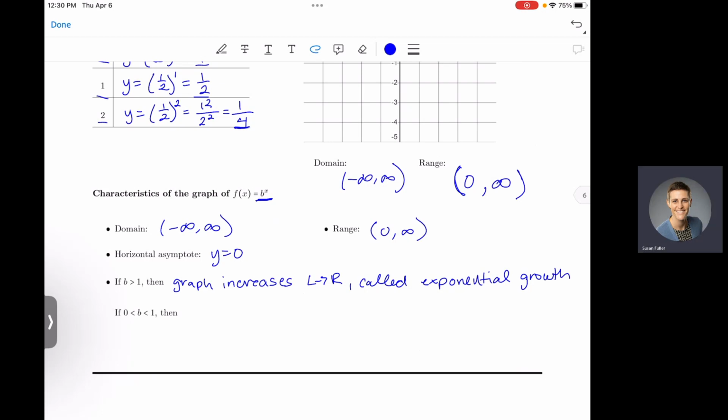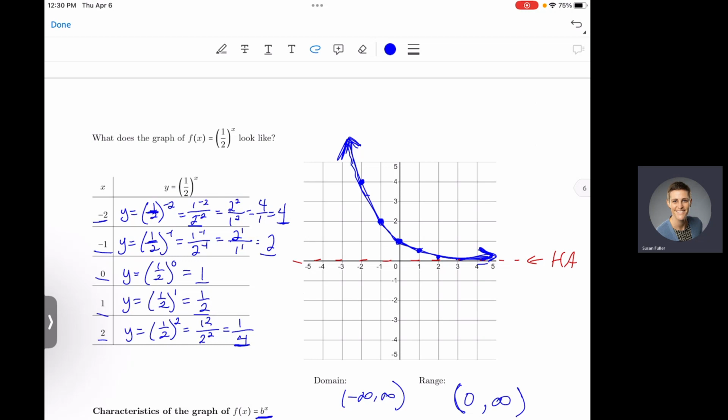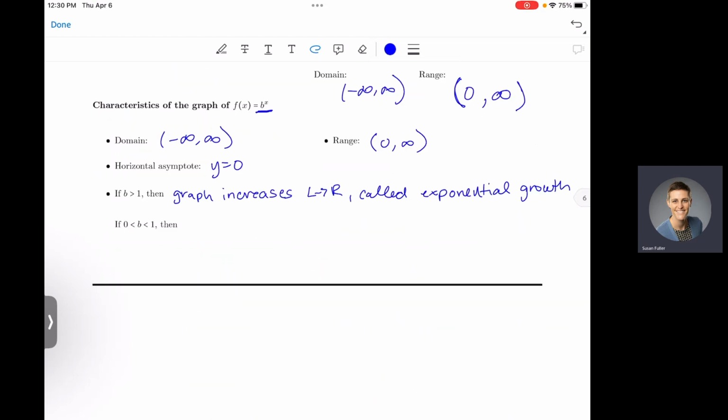If your b value is between 0 and 1, if it's a fraction, like we were down here, what's different about this one? Well, this one decreases from left to right. It goes down as we trace it from left to right. And so that happens anytime your base is a fraction between 0 and 1.